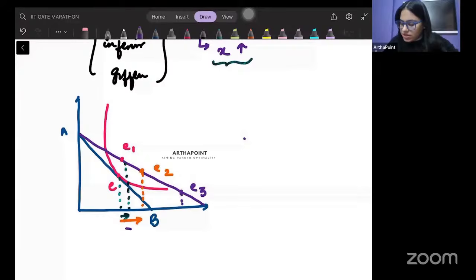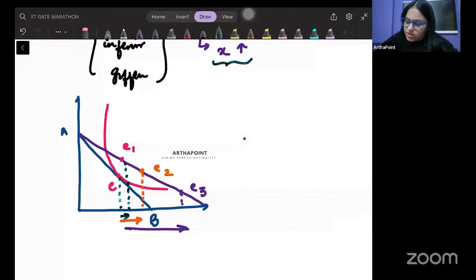Then also I've increased the demand of good X. So whether I go from E to E1, E2, or E3, I have increased the demand of good X. So beta, if I join these different points, what will I get?